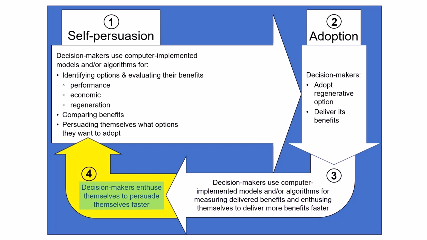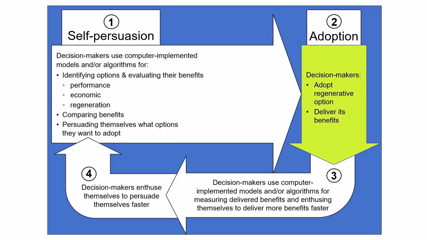Fourth, decision makers enthuse themselves to persuade themselves faster to adopt more regenerative options. They enthuse themselves to make more decisions faster to adopt more regenerative options.